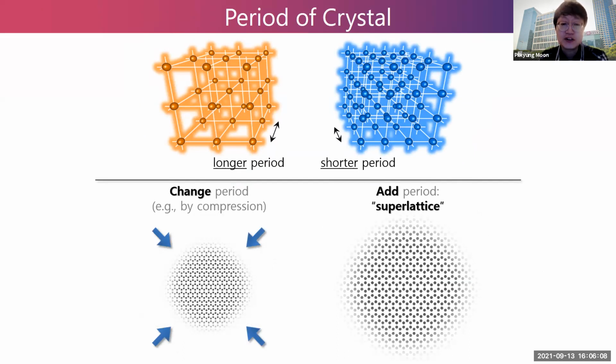This has been used in silicon germanium material in the Intel CPU almost 10 years ago. Or we can introduce an additional periodicity, either by etching or replacing atoms in a periodic way. As you can see, there appears an additional periodicity in addition to the original period of the underlying lattice.